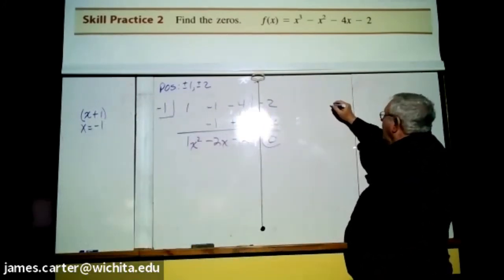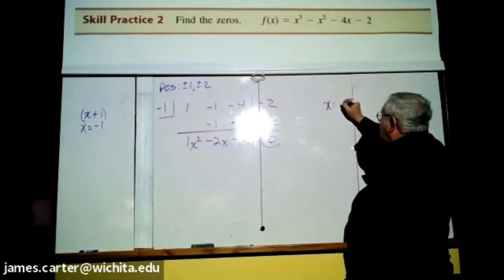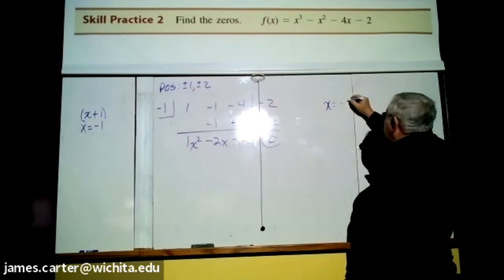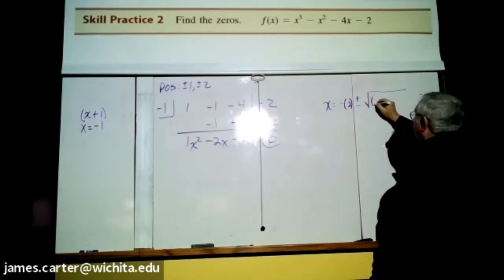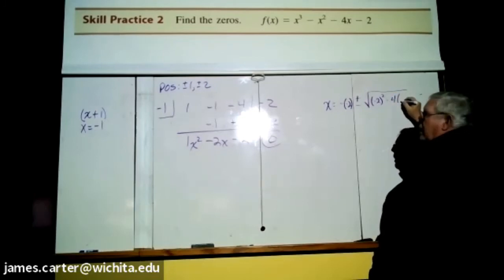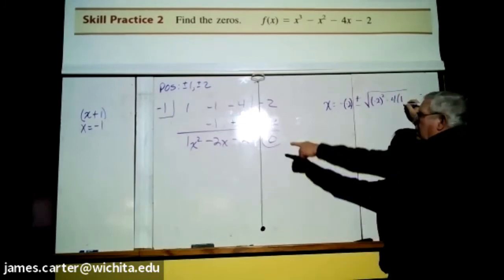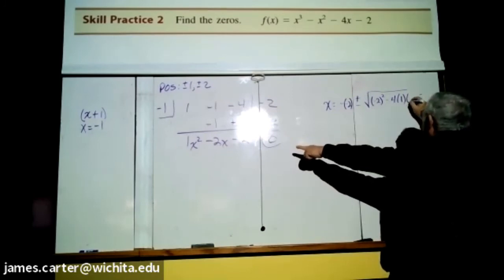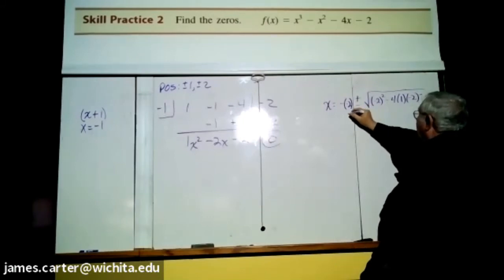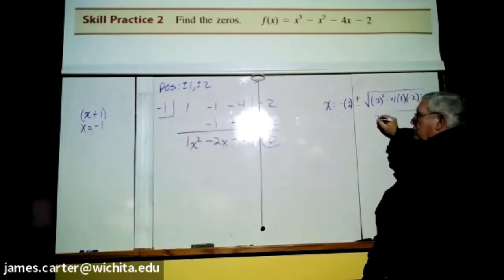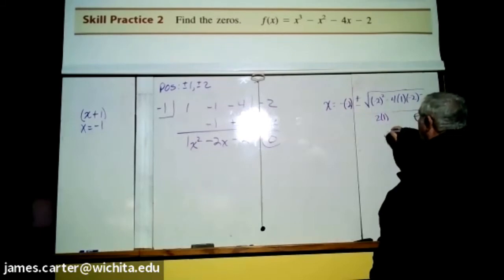So x equals -b, which is -2, plus or minus the square root of -2 squared minus 4 times a, which is 1, times c, which is -2, all over 2 times 1.